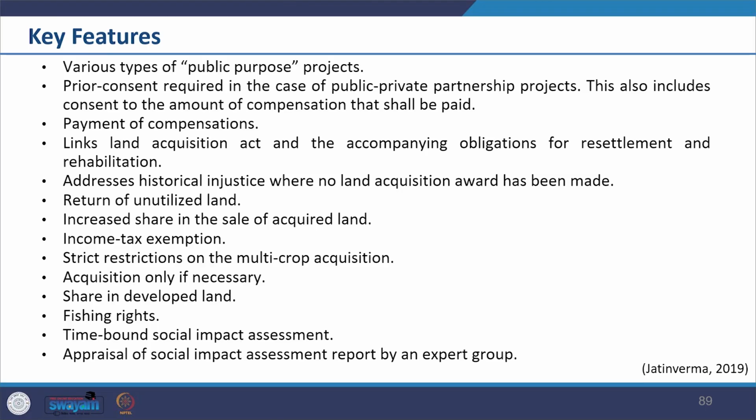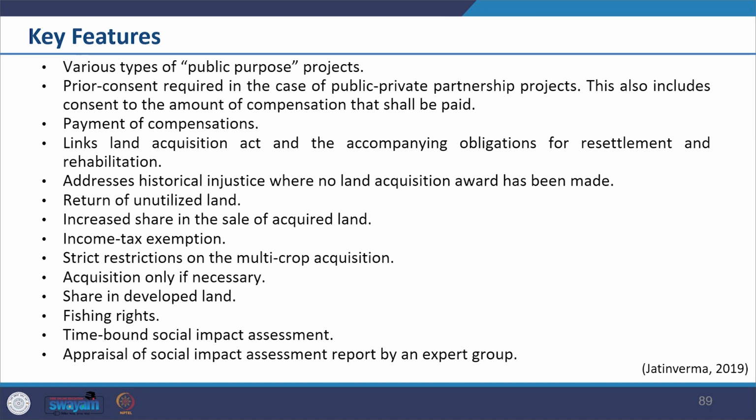Now looking at the main features of the Right to Compensation Act of 2013, the Act defines various types of public purpose. So it's defining the different kinds of public purpose, and it is also making provision for prior consent in this case.